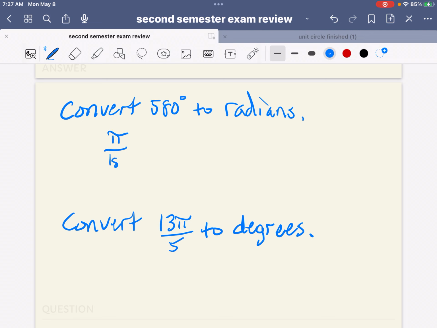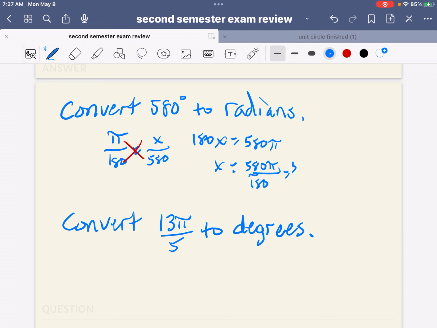Pi is to 180 as what is to 580. So then you take cross products and you have 180x equals 580 pi. So then x equals 580 pi over 180.